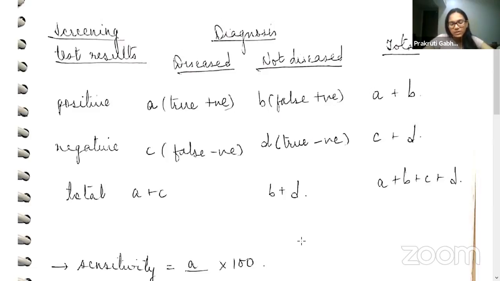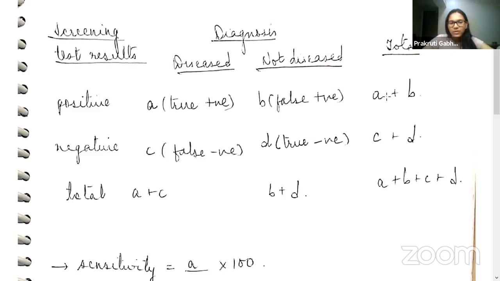So I'm just summarizing the values because it's confusing sometimes. Sensitivity would be true positives upon those diseased into 100. Specificity would be true negatives upon those not diseased into 100. The predictive value of a positive test would be the true positives upon all positives into 100.